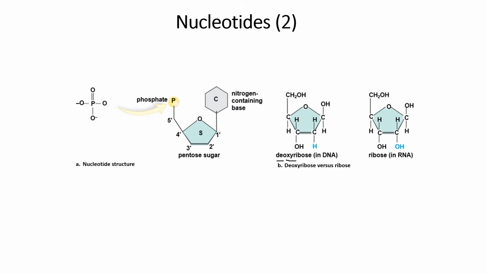So the difference between deoxyribose and ribose is this oxygen right here. So for now, just know that deoxyribose is missing an oxygen. Later, when we get to the DNA chapters, you may actually have to recognize it.